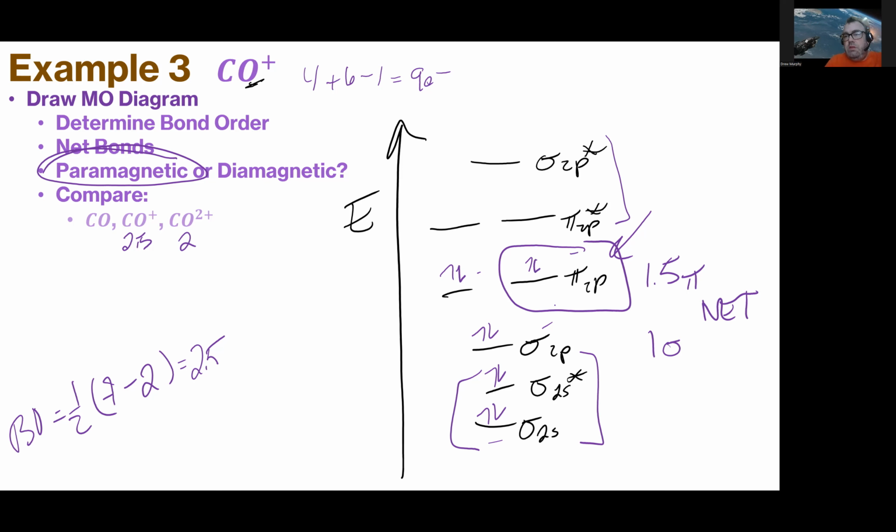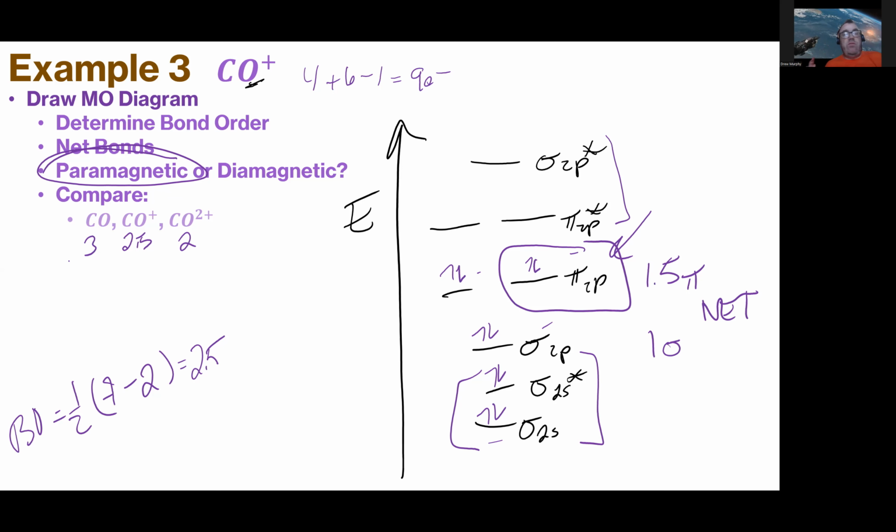There we go. So now we have a bond order of 3. You can also calculate this the long way if you want to, but it's going to save you time to do it this way. And again, same thing matters. So CO with no charge is going to be the shortest and strongest. CO 2 plus is going to be the longest and the weakest.